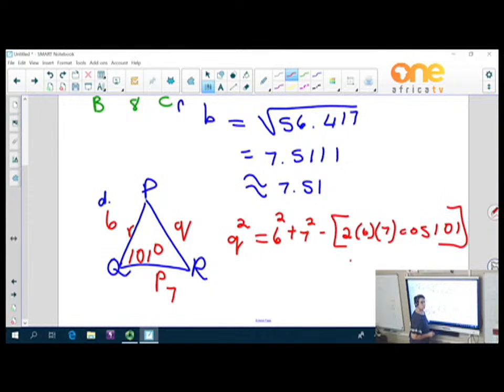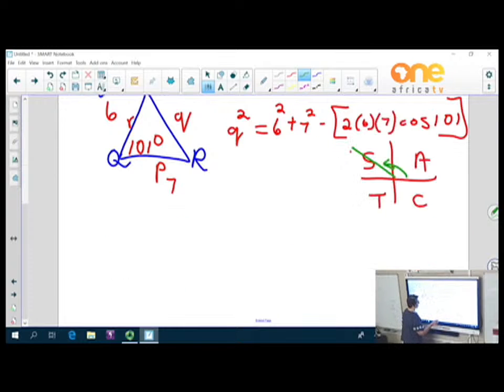Now, this is an obtuse angle, and if you think back about the cosine graph, then you will remember that in the second quadrant, if I draw the picture here, where I get the obtuse angle, cosine is negative in this quadrant. So I'm going to get here a negative value. That is what it means by implication.